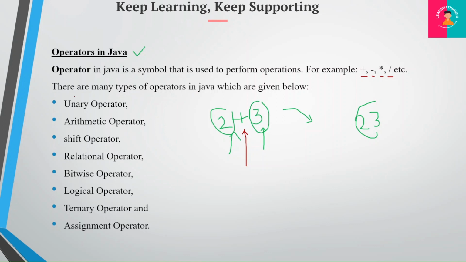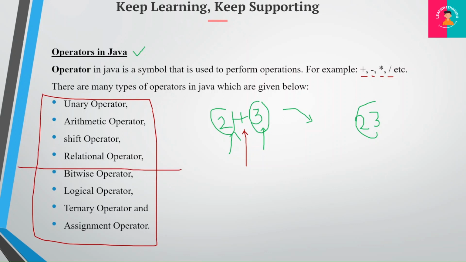So in Java, operators are divided into how many parts? In total 8 parts: unary, arithmetic, shift, relational, bitwise, logical, ternary, assignment. All the examples we will see in the practical part once this part is complete, and that video will come soon.